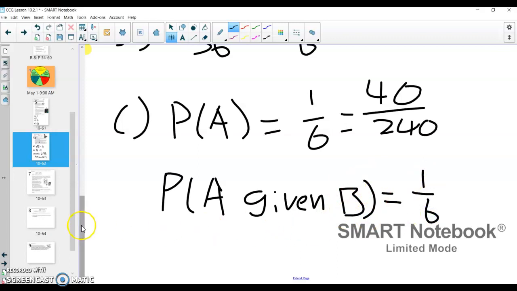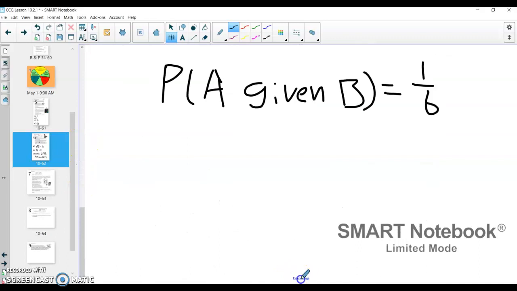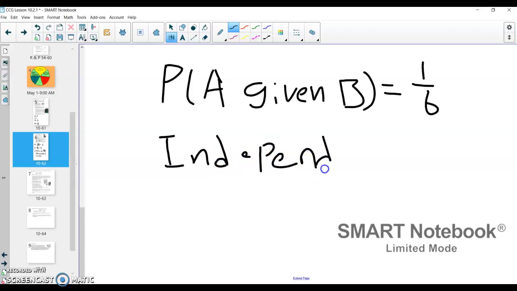And what this is saying is since P of A, the probability that they live on campus, is the same as the probability that they live on campus knowing that they're engineering majors, now that we know these 2 are equal, we know these 2 are independent of each other. Independent.